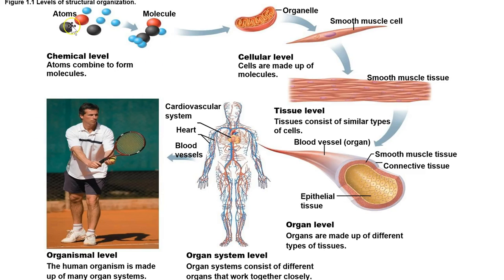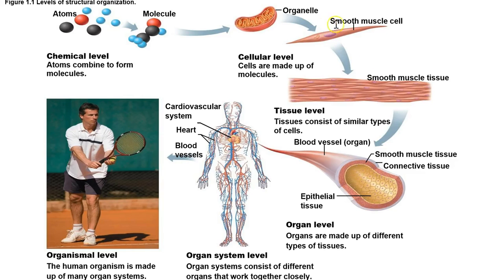In this picture you can also see these levels of organization. For example, at the chemical level, atoms combine to form molecules, and the molecules can make organelles, which we have inside of the cells. At the cellular level, we have examples like muscle cells, which are made up of molecules, and the muscle cells make tissues, consisting of similar types of cells.